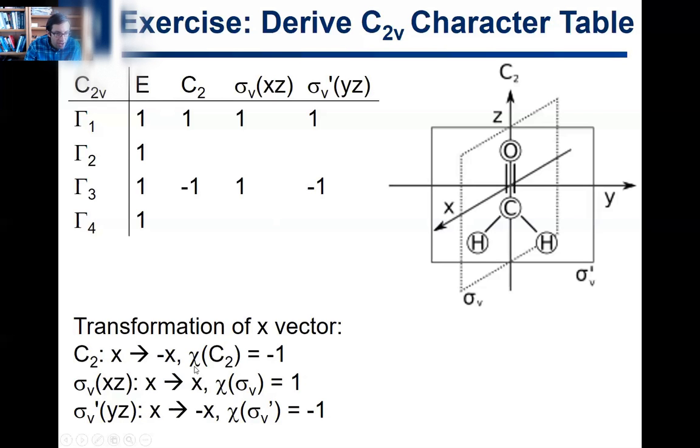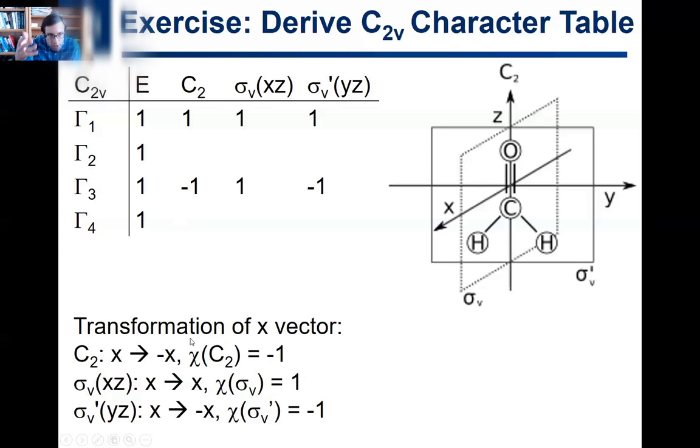That means that the character, and I'm using this Greek symbol chi to mean character, the character for the C2 operation for the x vector is going to be -1. So I'm going to write down -1 here. You might be wondering why I'm putting it in the third row, not the second. It's just because I know the answer ahead of time, so I'm sorting things nicely for us. But if you were doing this from scratch, you would put it in the second row.